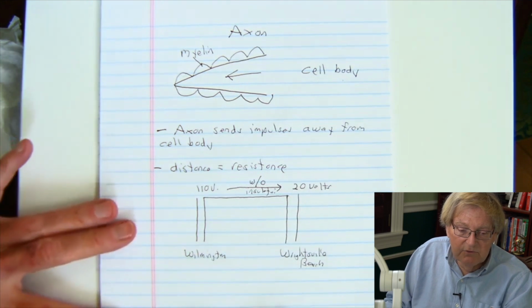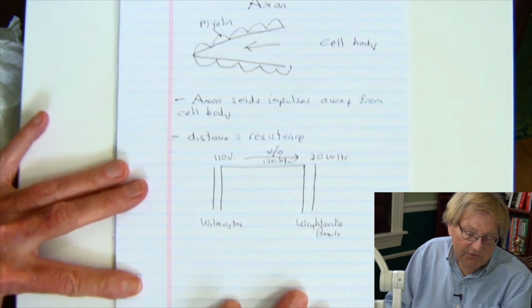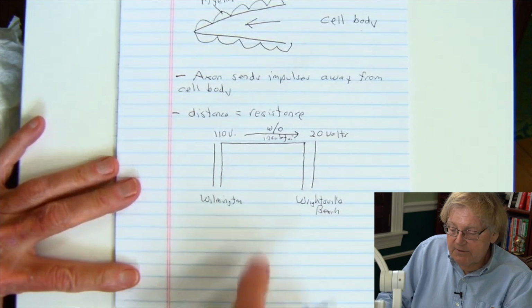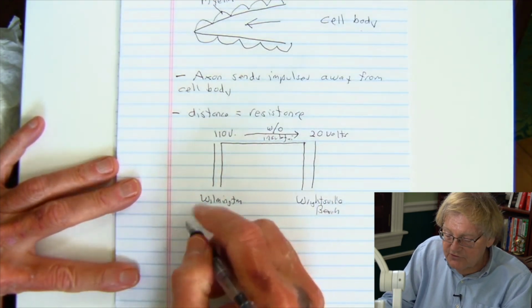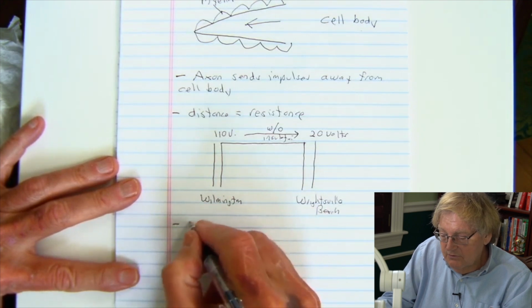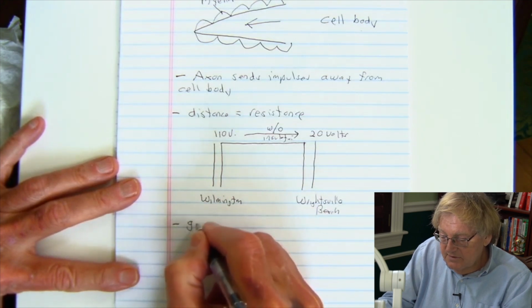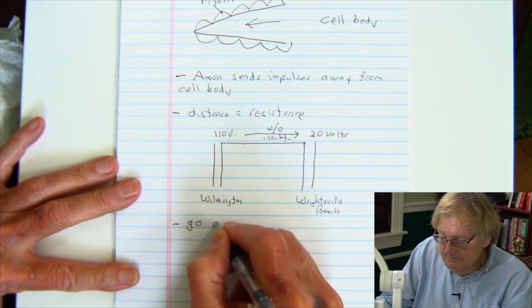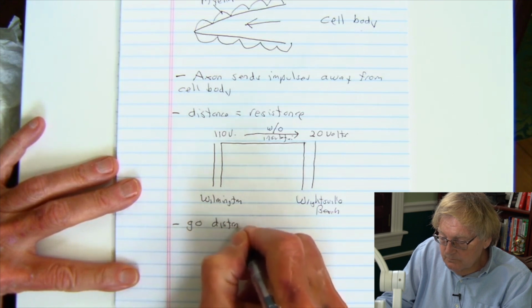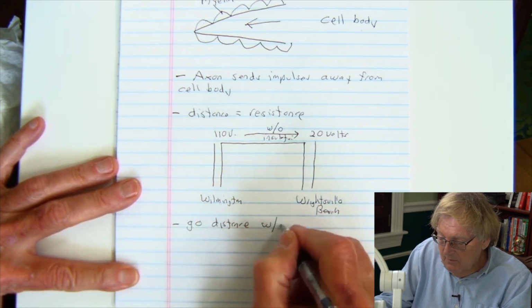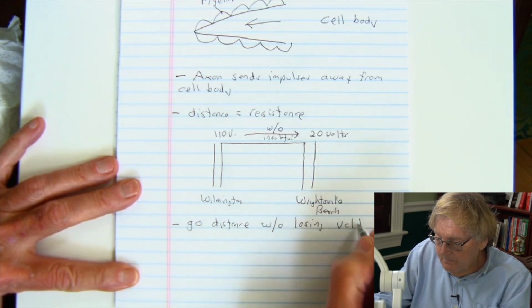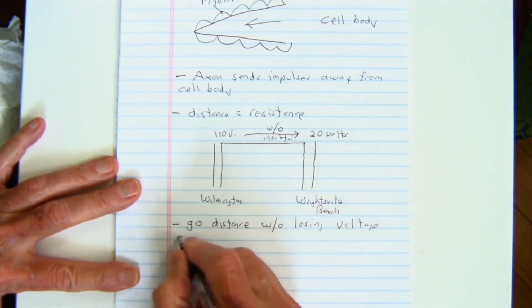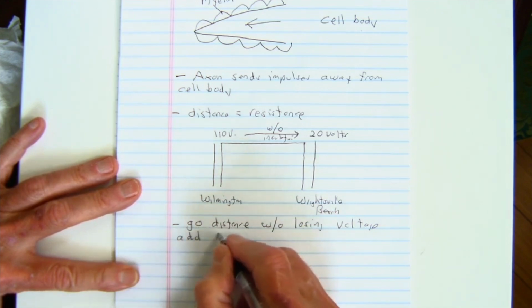So what I do if I'm talking about electricity running between two towns on wires, I add insulation. So in order to go a distance without losing voltage, I add insulation.